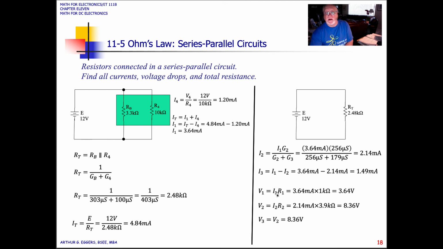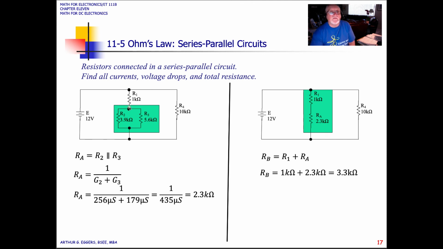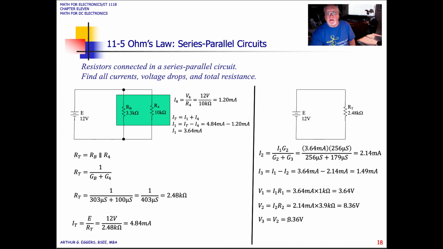Voltage 1 becomes the product of I1 and R1, or 3.64 volts. Voltage 2 becomes the product of I2, R2, or 8.63. And then finally, since the voltage across V3 is the same as the voltage across V2, let's go back and look at it. There it is. That voltage and that voltage have to be the same. We end up with 8.36 from the term that we solved previously.